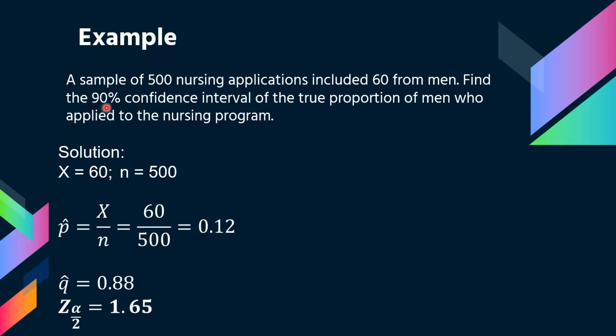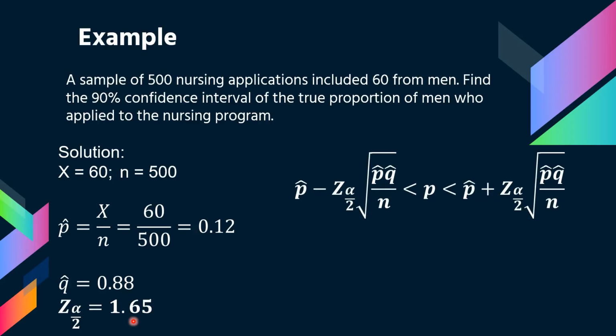So 0.10 divided by 2, and then 1 minus that number, locate that one in the table, then you get 1.65. We already discussed how to identify the z of the specific confidence interval. Now, we can substitute to the formula.